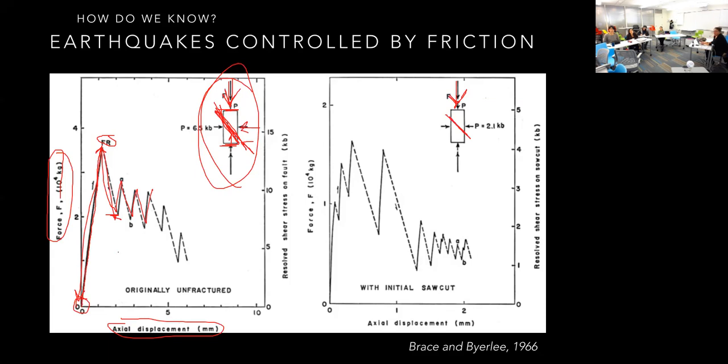So this drop in force and a sudden shortening represents a little slip event on that new fault. Then they slowly load it, and it follows the same slope as the original loading. And then a second stick slip event occurs. So as long as they're externally loading this, they get this pause, slip behavior. And in fact, in the experiments where they put a saw cut in it, they basically see the same thing.